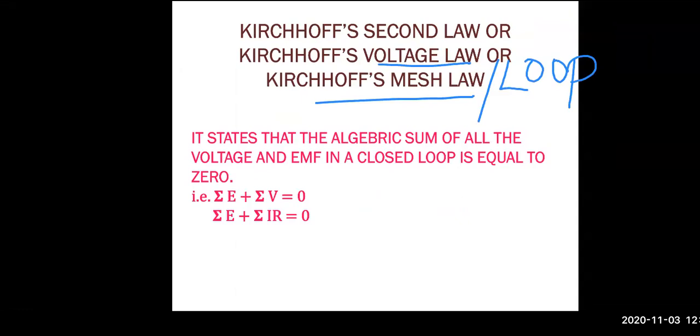It states that the algebraic sum of voltage and EMF. We now know the difference between voltage and EMF, right? Voltage is the potential difference when current is drawn from the circuit, when it is in on position. And EMF is the potential difference across the terminals of the cell when no current is drawn from the circuit, right?